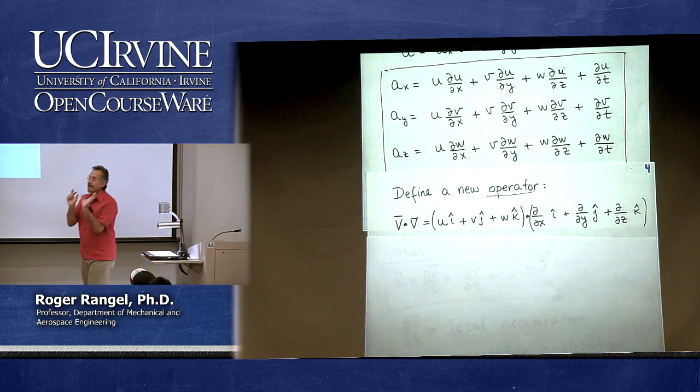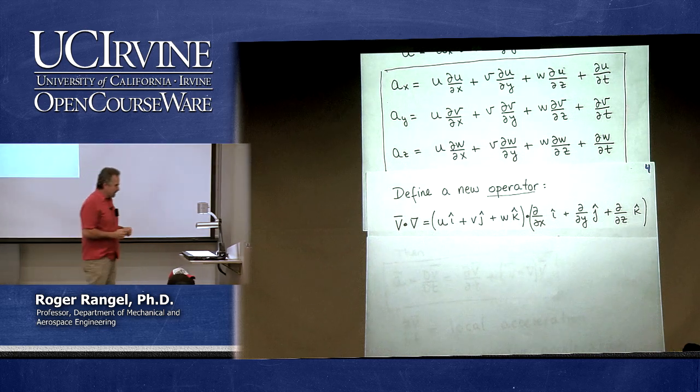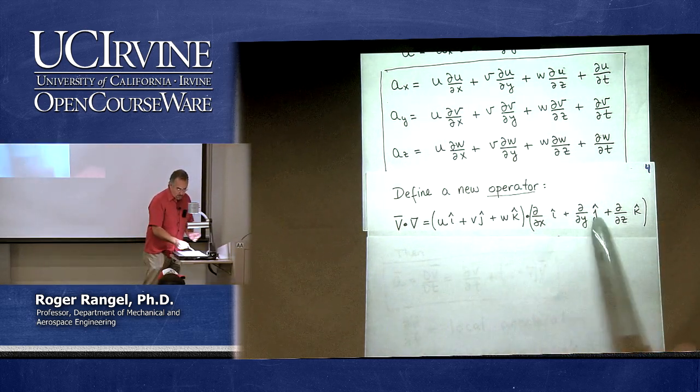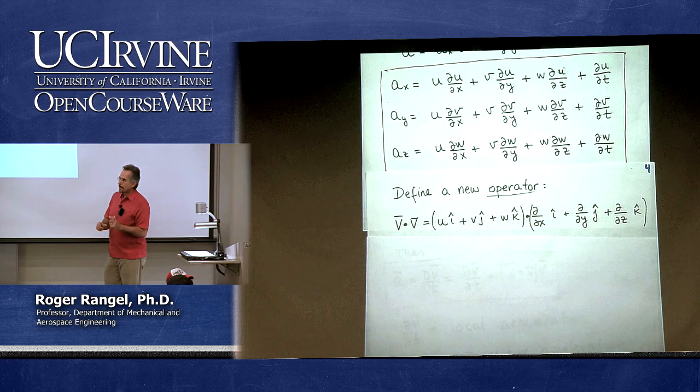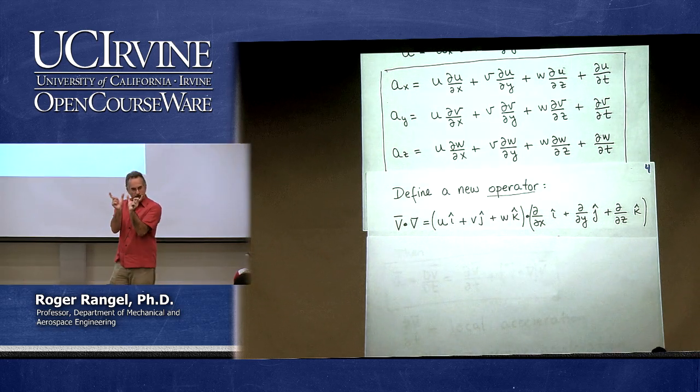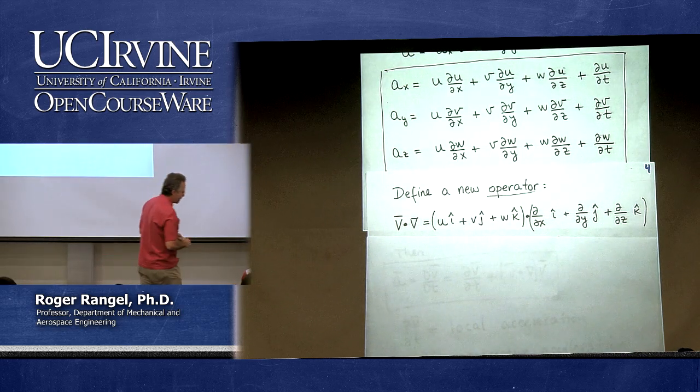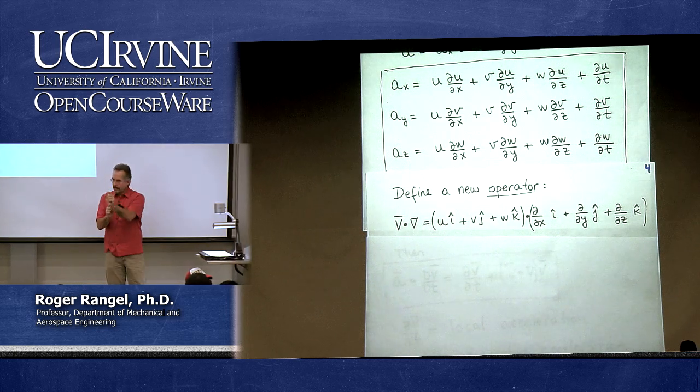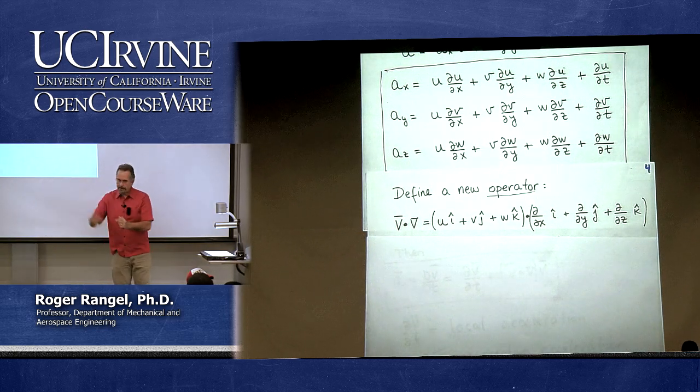So I just define a mathematical operator that is the dot product of these two quantities. And how do you do the dot product of two vectors? Multiply like terms, and then add them all up, right?